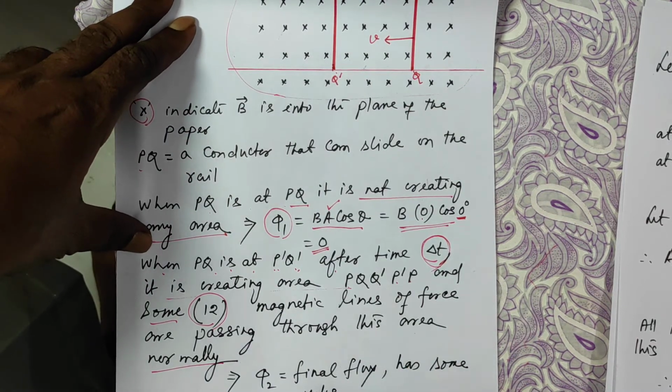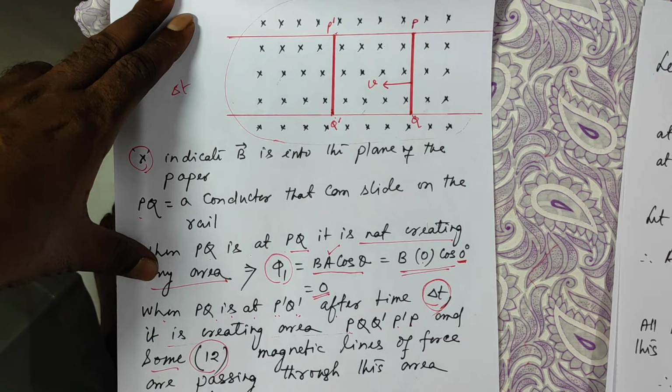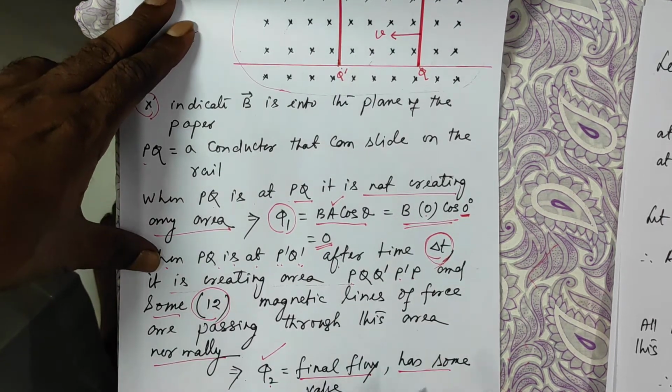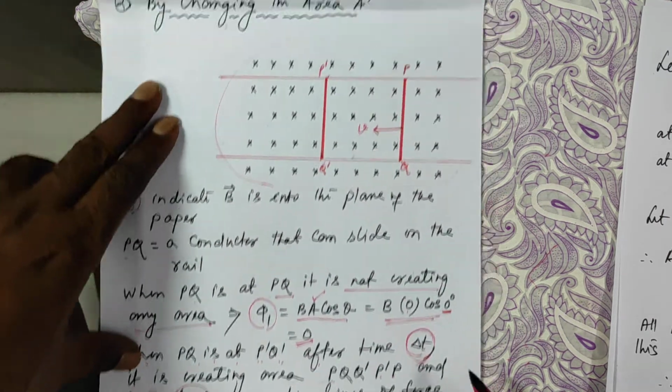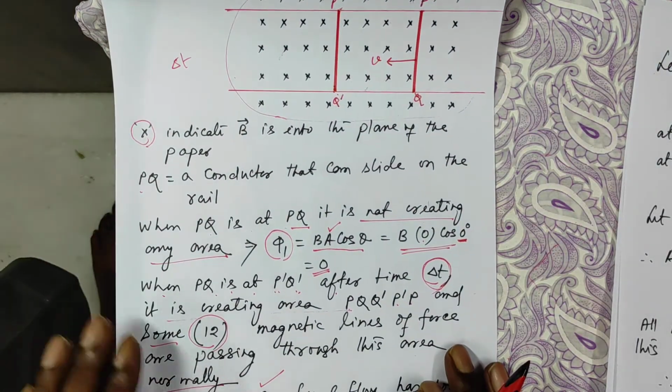So there is some flux. Final flux phi 2 has some value. There is a change of flux, because when PQ was at PQ, no lines of force passed through, as it was not creating area.